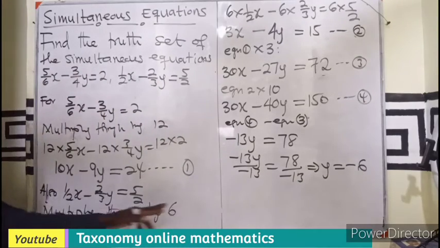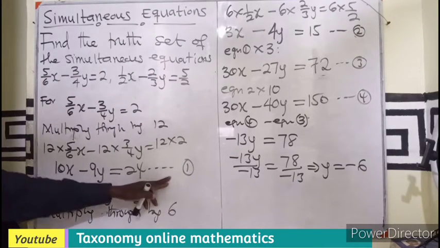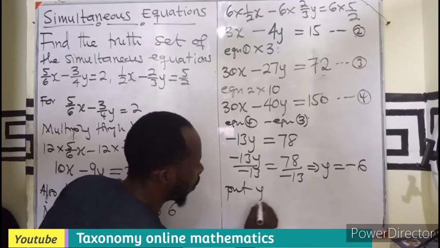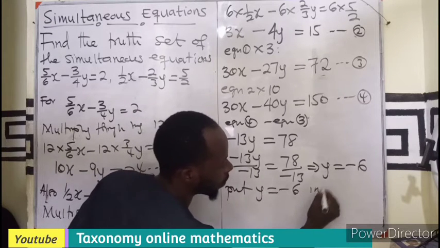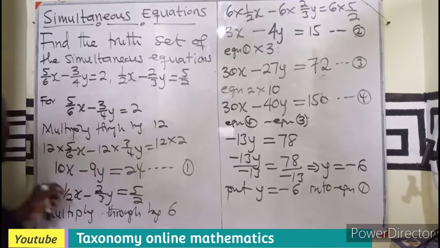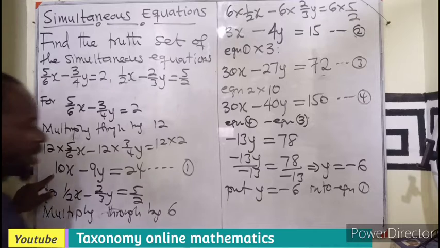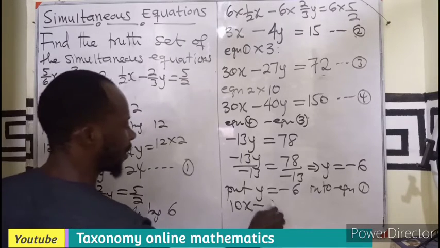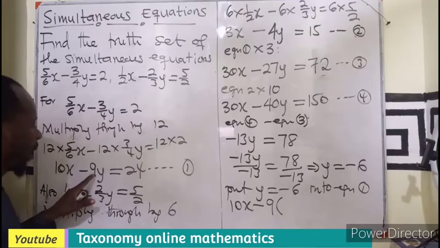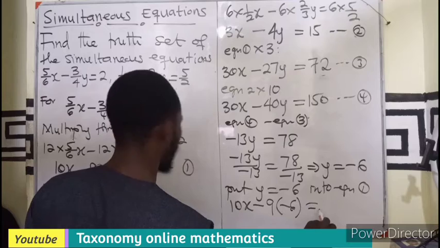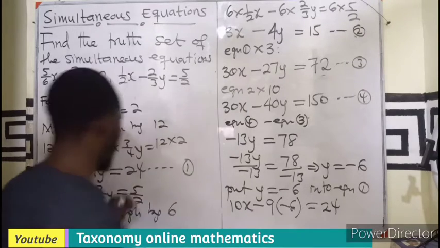We are going to substitute that into either equation 1 or equation 2. So put y equals minus 6 into equation 1. If I take equation 1, which is going to be 10x minus 9y, which is now minus 6, all equals 24.